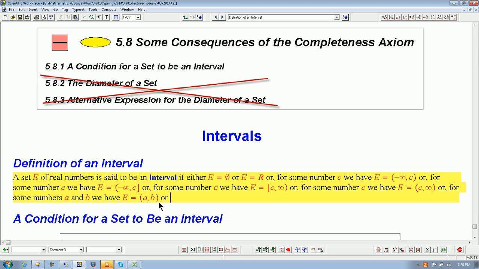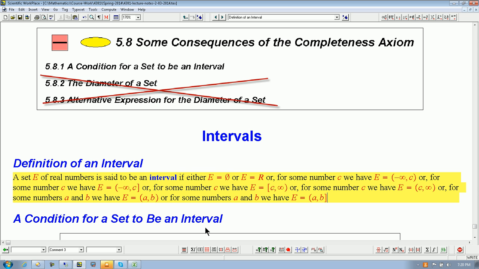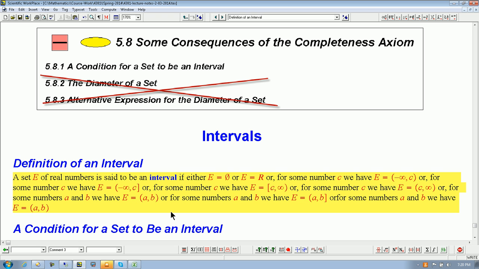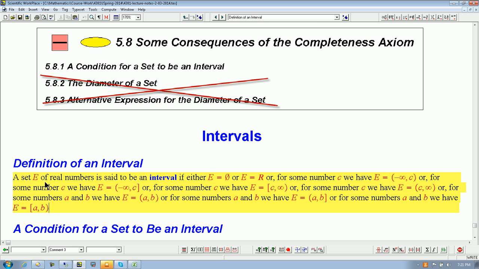I'm going to do what I should have done in the first place. Paste. For some numbers A and B, E is the interval running like this. Or what? For some numbers A and B, E is which way? Goes left side. This way?